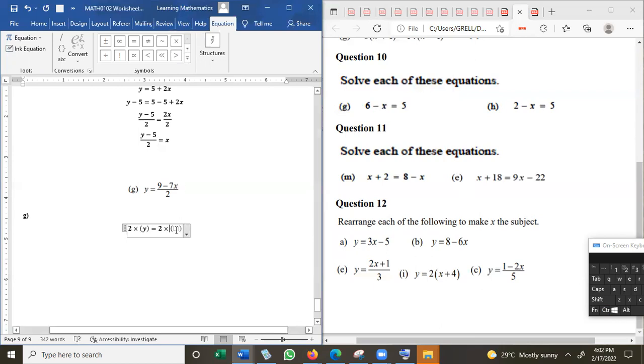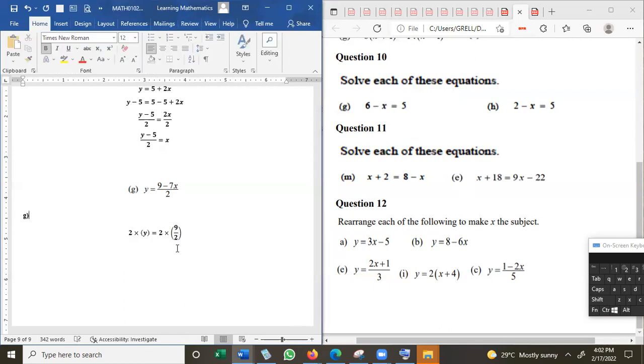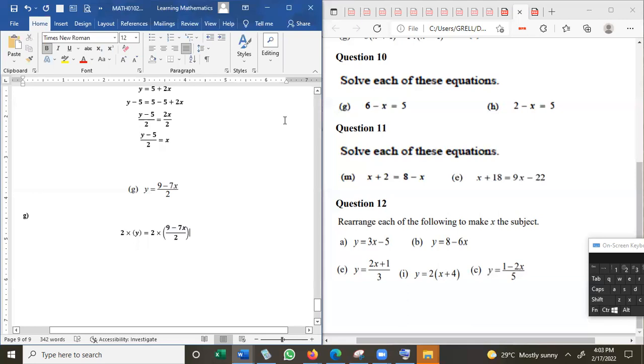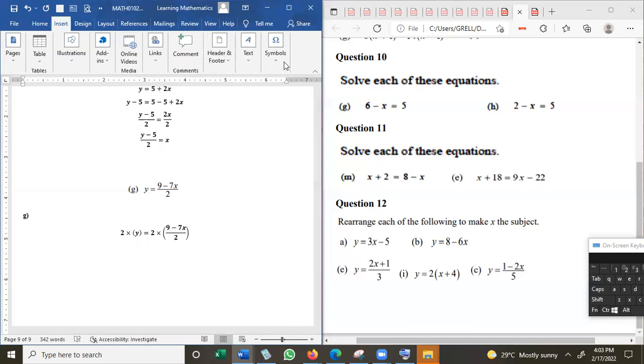The reason why we are multiplying by 2 is to cancel out the 2 in the denominator. That's the whole idea.